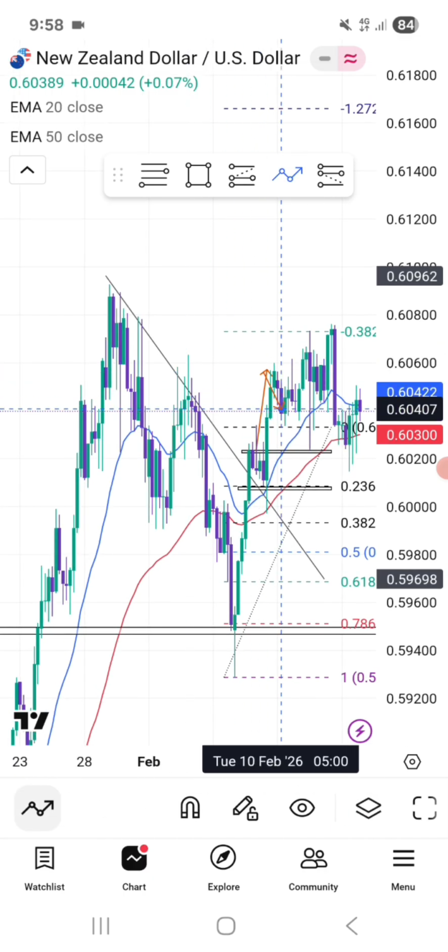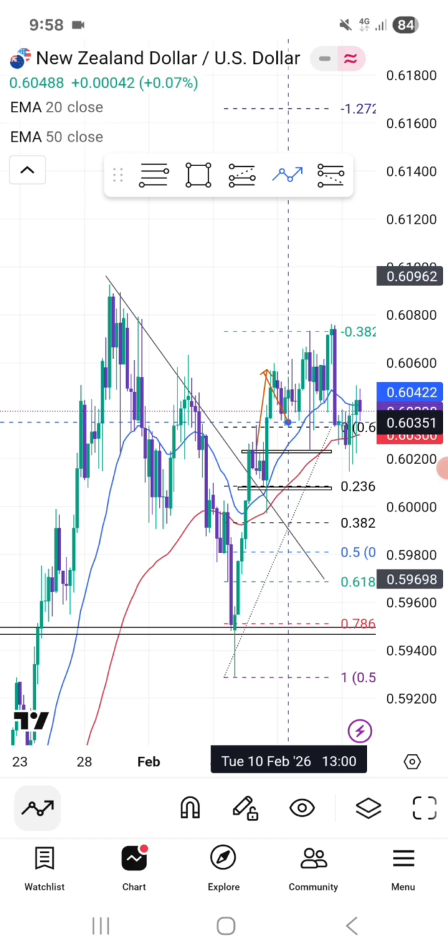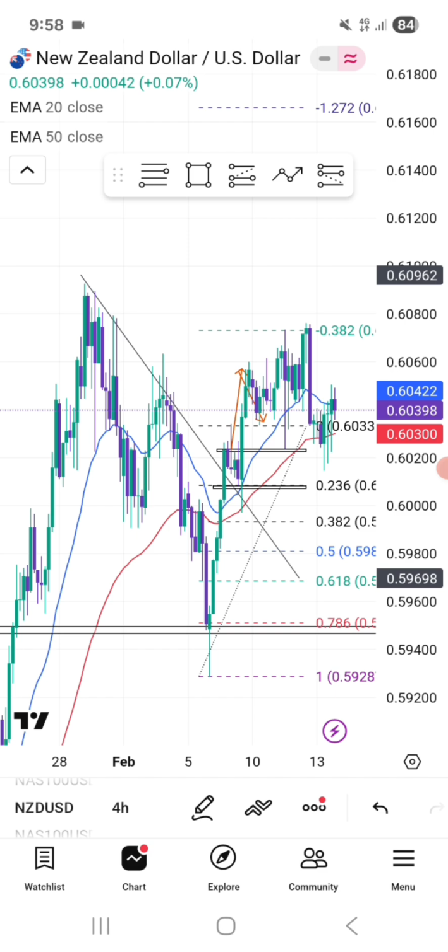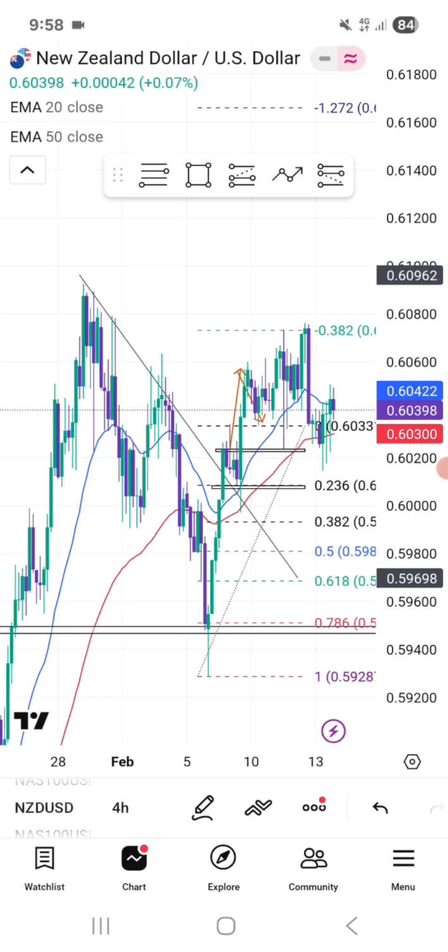Yes, so the reason we waited for the price to break the market structure twice is to confirm that the market is heading more in our way.